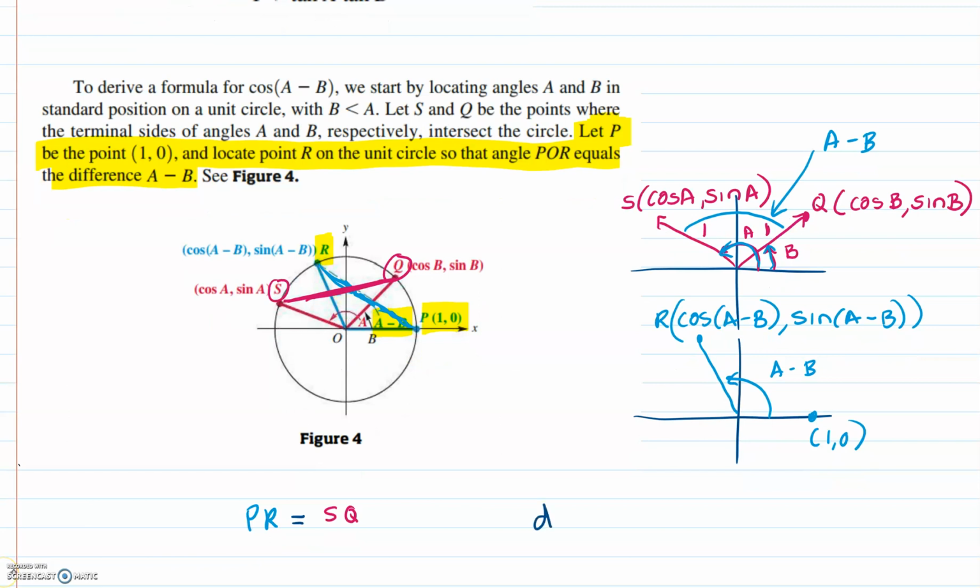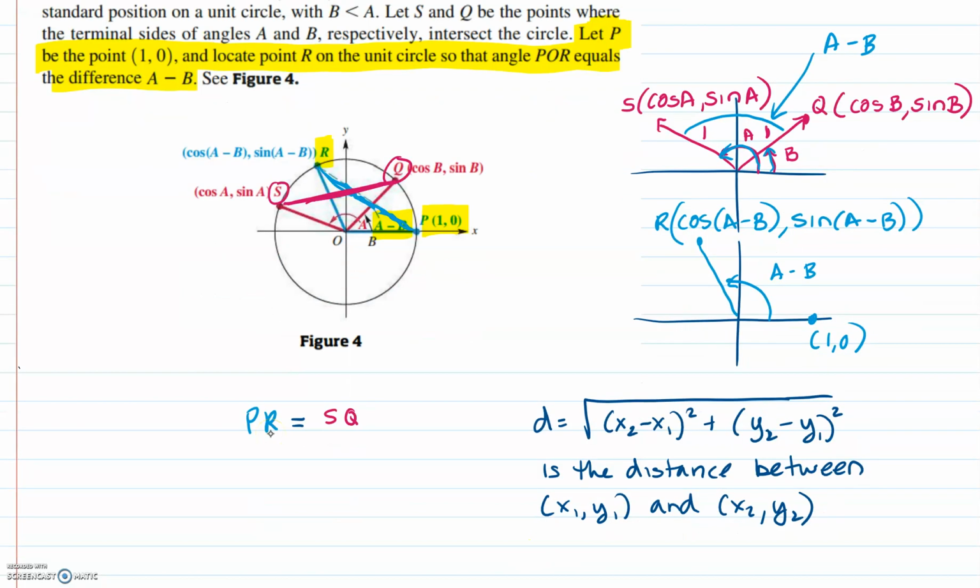So what I'm going to do is use my distance formula that we learned in chapter 1. Distance between 2 points, x1, y1, and x2, y2. So let's start with PR. Let's find the distance of PR. I'm going to call this my x1, y1, and I'm going to call this my x2, y2.